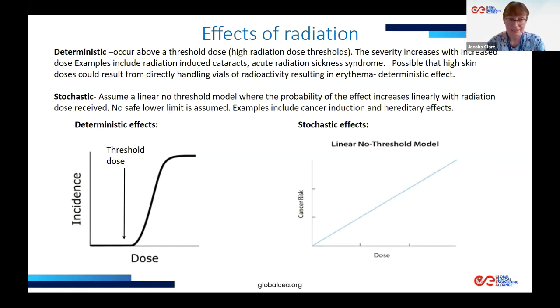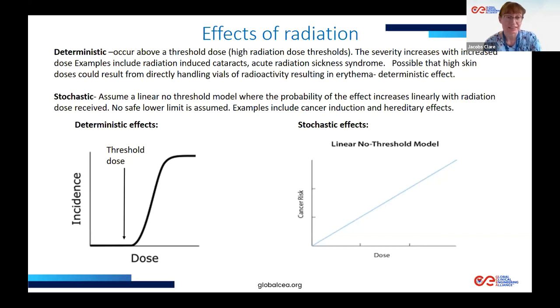An example of this is radiation-induced cataracts, acute radiation sickness syndrome, and erythema, so reddening of the skin. In terms of PET, it is possible for staff to receive high skin doses if handling syringes and vials containing activity without the use of proper shielding. So it could result in thresholds where skin erythema could occur.